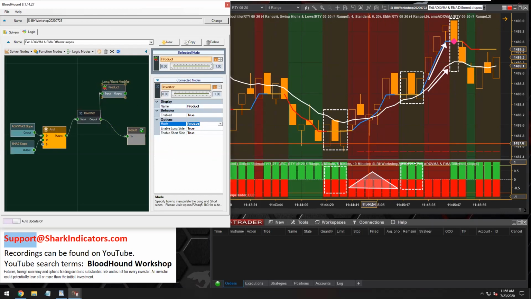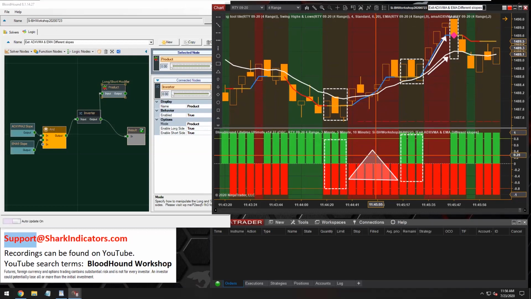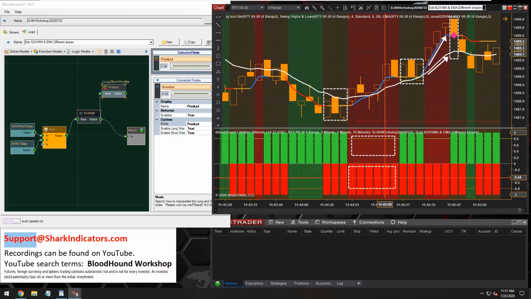So what that is doing is taking the long output and multiplying it by the short output. And what's the long output on these bars? It's 0. There is no long output, so the value is 0. So 0 times anything equals 0.